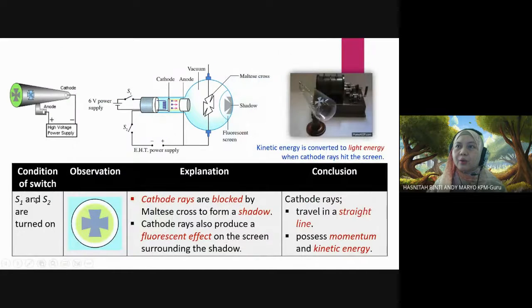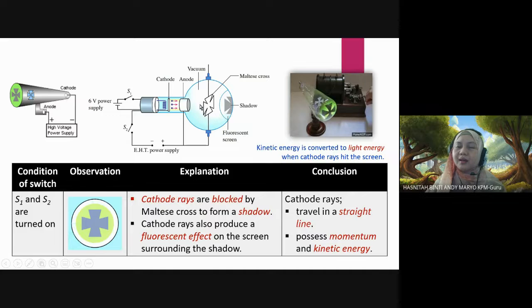Now we turn on both switches. S1 and S2 are turned on. The EHT is now turned on, meaning the anode is turned on. Again, when S1 is turned on, the tungsten filament will be heated, so it heats up the cathode. Cathode ray will be released, and now they can accelerate to the anode since the EHT is on. Here they form a narrow beam.